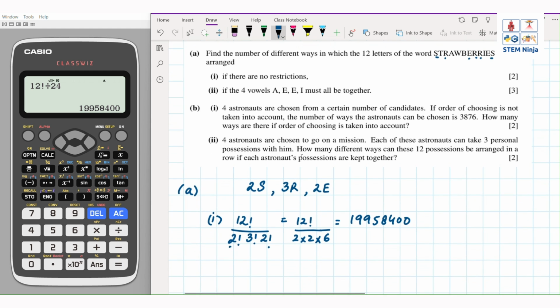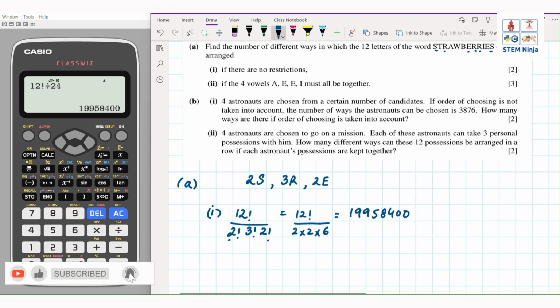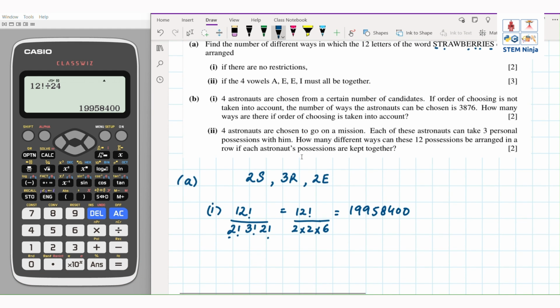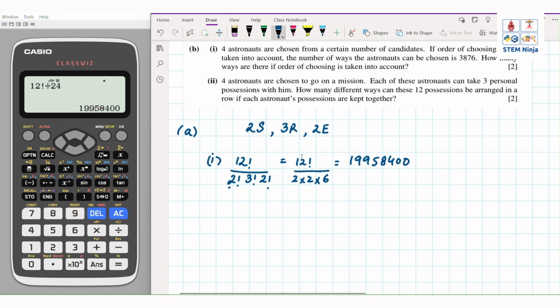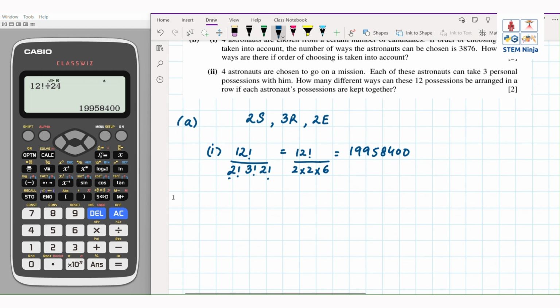All right. Now, if the vowels are together, how many items do we have? So 12 minus 4 would be the consonants.